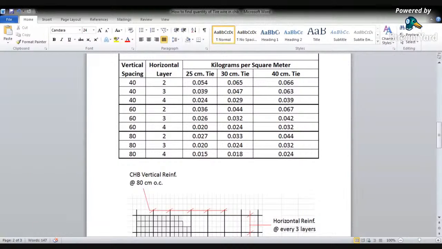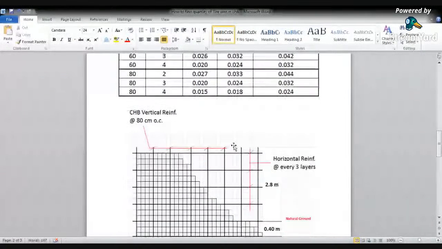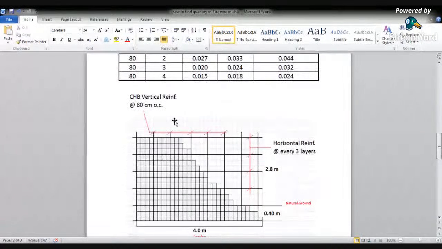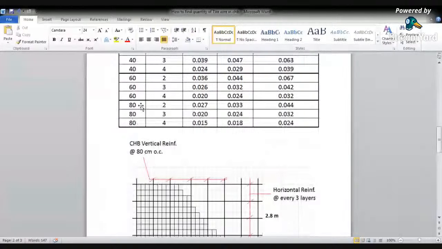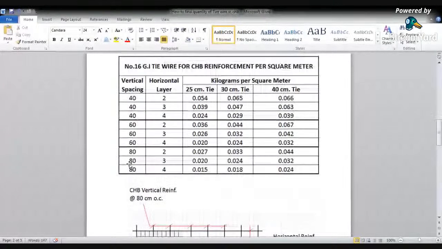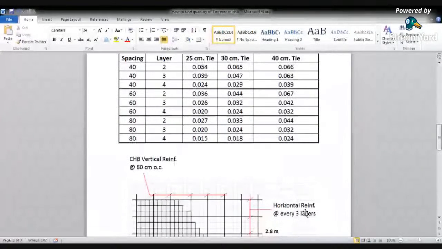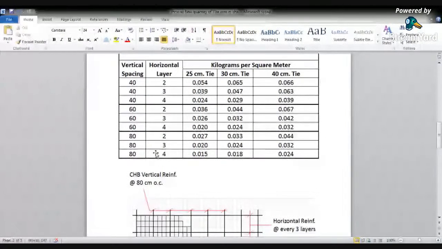So now if you check here in the drawing, the vertical reinforcement is at every 80 centimeters. So it should be here in the table. We will check here, the vertical spacing is 80. And the horizontal reinforcement is at every 3 layers. So it means we will use this value here.